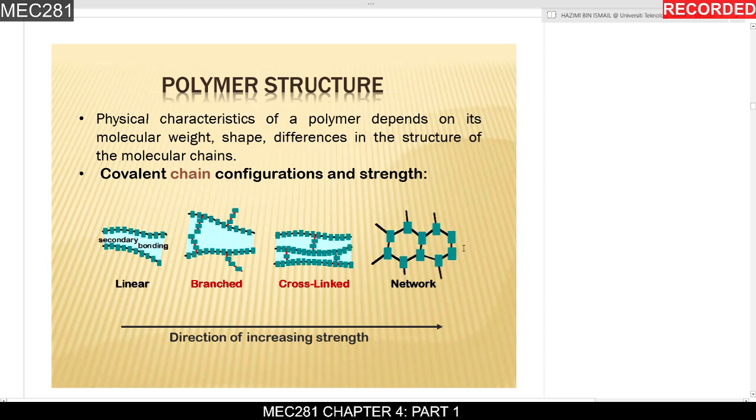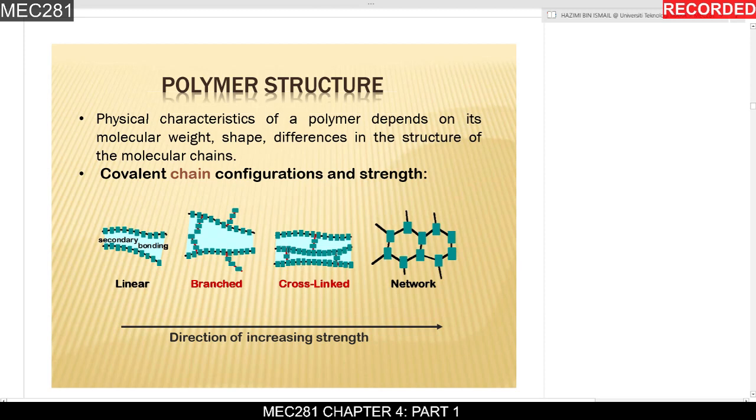So these are examples of different chains in the polymer. Some may be found as a linear chain, as shown here, just linear, and the branch, it has branches, covalent bonding here, and then cross-link.